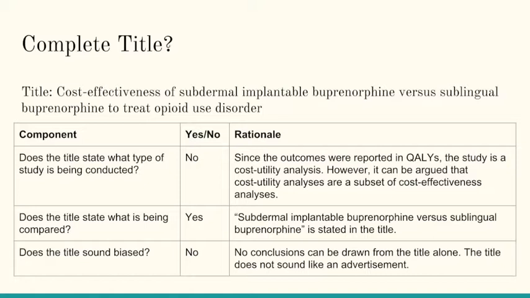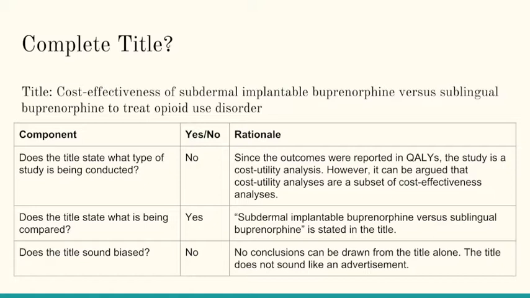The title says that this study is a cost effectiveness analysis, but since the outcomes were reported in QALYs, the study is technically a cost utility analysis. However, taking into account that cost utility can be considered a subtype of cost effectiveness analysis, the completeness of the title in regards to mentioning study type can be argued.